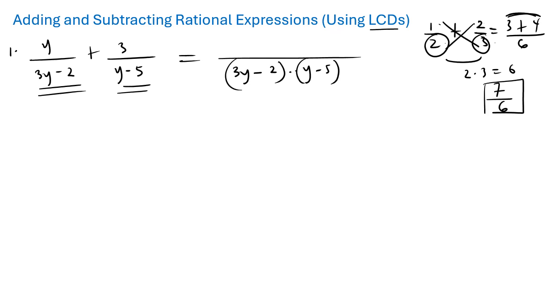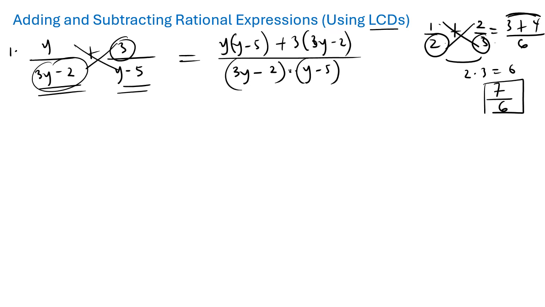Now that we combined the denominators to get this result, we are going to do the same process that they call butterfly. So it'll be y times y minus 5, and then you take this result and multiply with that, and it'll be positive 3 times 3y minus 2, and this is what we are getting.